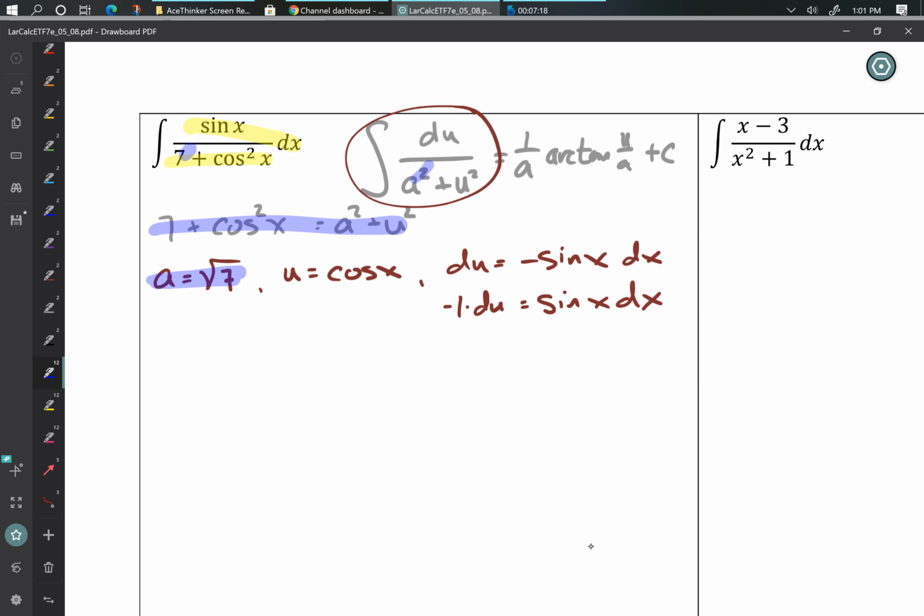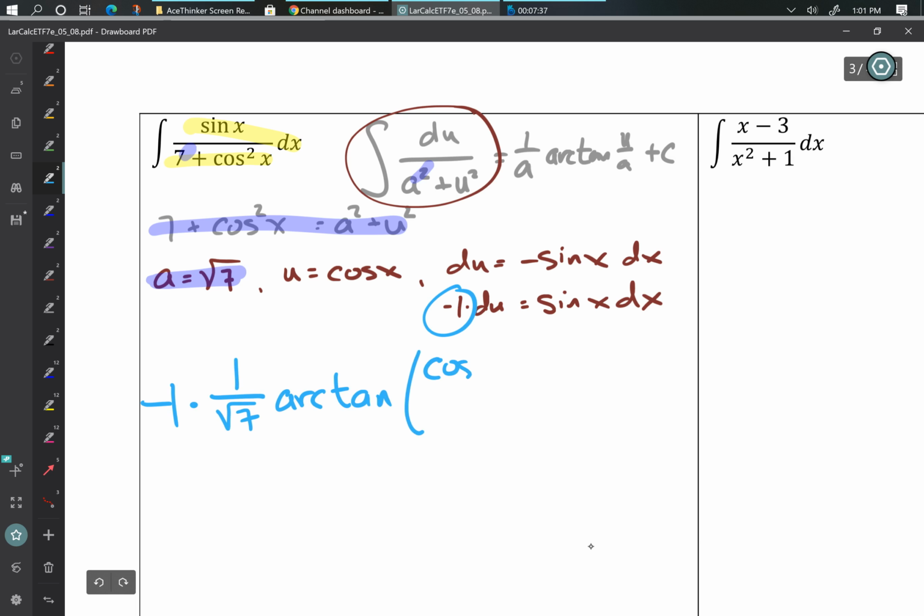So then putting it all together, what do we get for our final answer? Well, we've got an extra negative 1 times 1 over a, which is root 7, arctangent u over a, so u was cosine of x, divided by a, root 7, plus c.